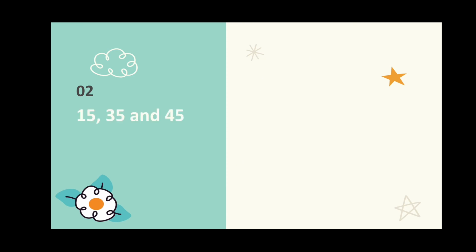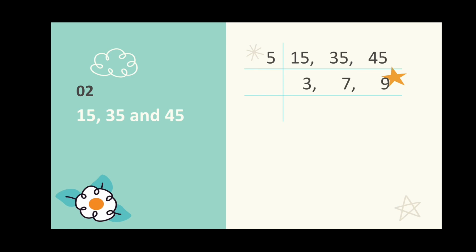Number 2, 15, 35, and 45. So by following the steps, we're going to write them horizontally, separating with commas. Now, ano sa tingin ninyo ang first prime number na factor ng tatlong numbers na ito? Okay, so it's number 5. Now, let's divide them by 5. Okay, so it became 3, 7, and 9.